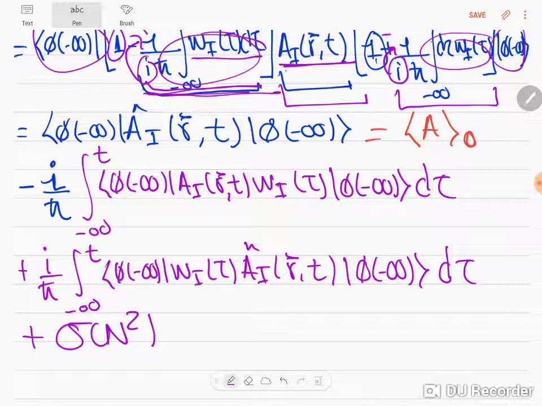Okay, so now I'm left with the following.